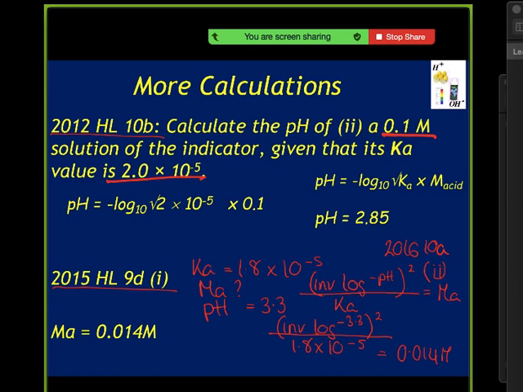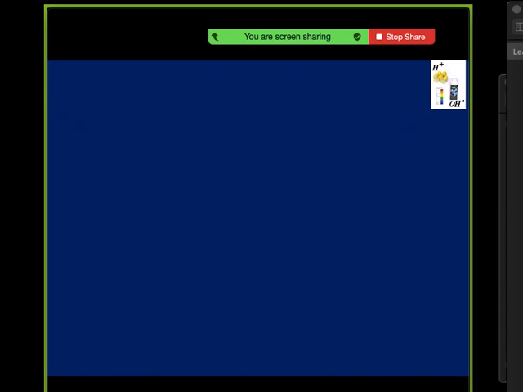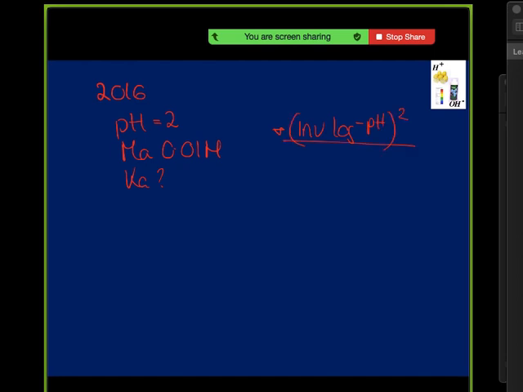So then the last question was the 2016. So your pH was equal to 2. Your concentration was equal to 0.01. And your Ka was the thing you were trying to find. So again, we are using the inverse log minus pH to be squared, and has to be over MA to find Ka, and I just then plug everything in.